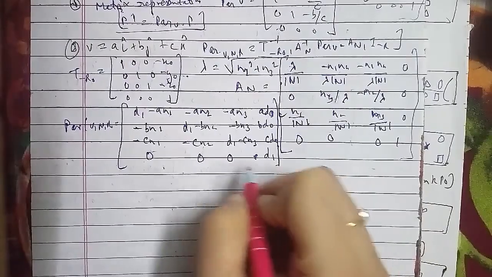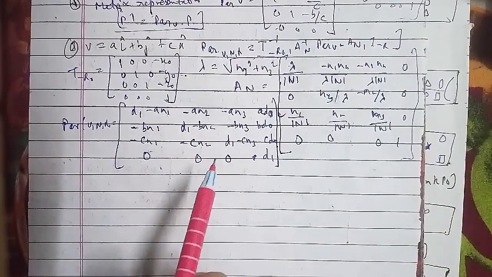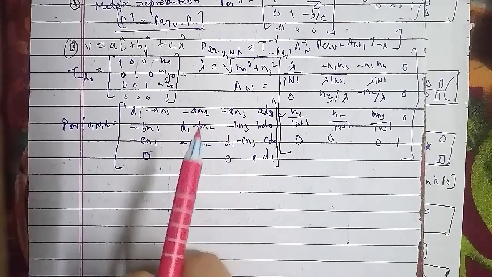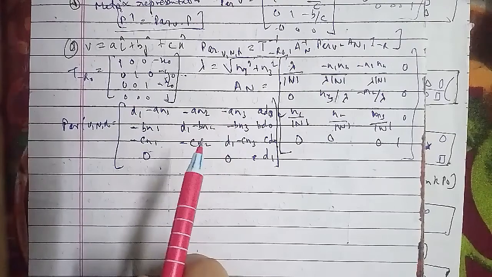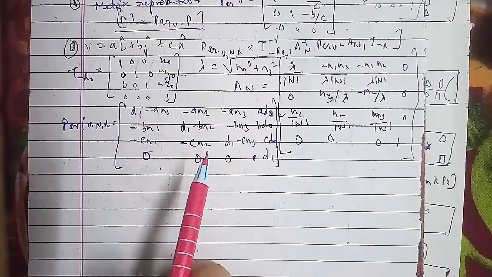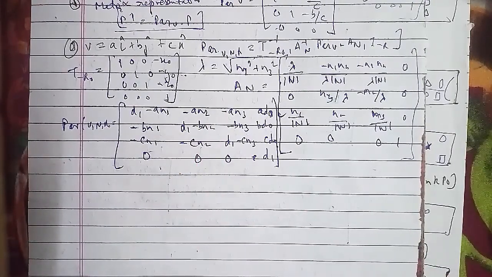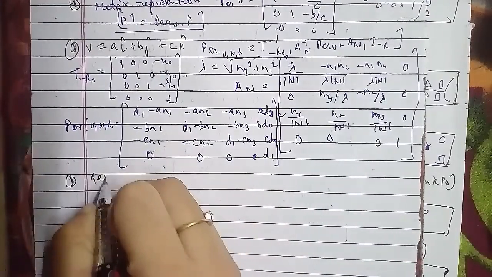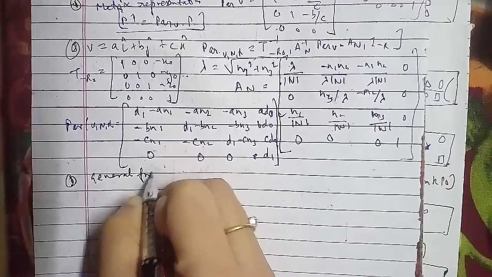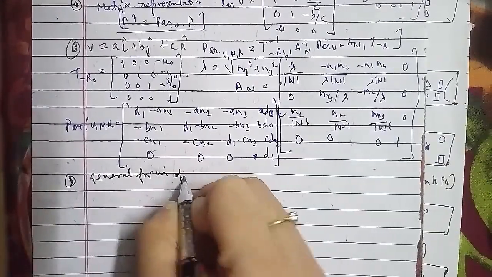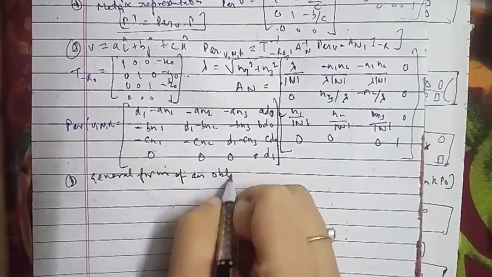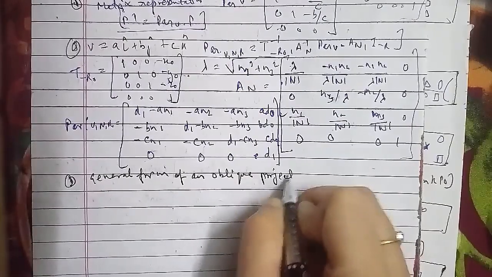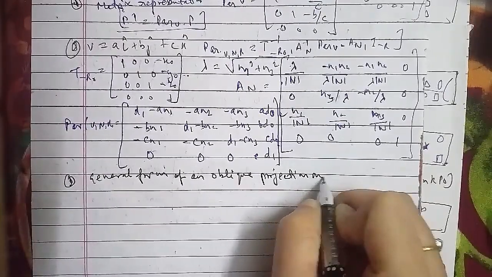Now we'll go ahead with another question, which is to find the general form of oblique projection onto the xy plane, even though that has been asked many times in the examination paper. General form of an oblique projection onto the xy plane.